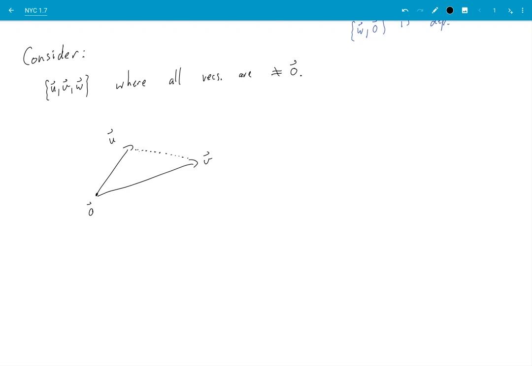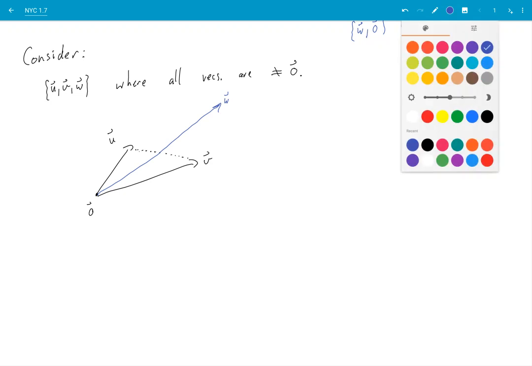Now if W happens to lie inside of it, inside the plane, it could go like that. So there's a plane containing the triangle.